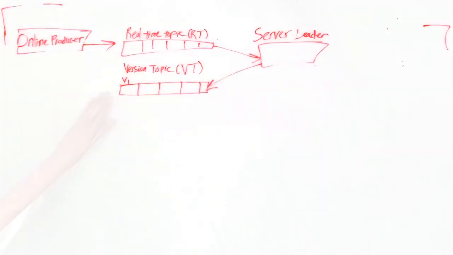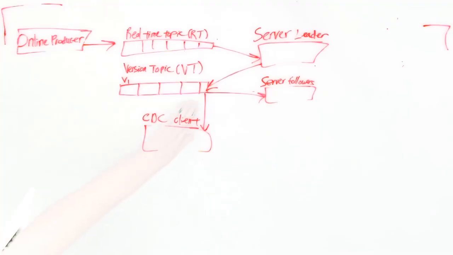Once it's in the VT, this is the topic that's going to be consumed by the server followers. And this is where CDC comes into the picture. Your CDC client is going to be reading directly from the version topic.